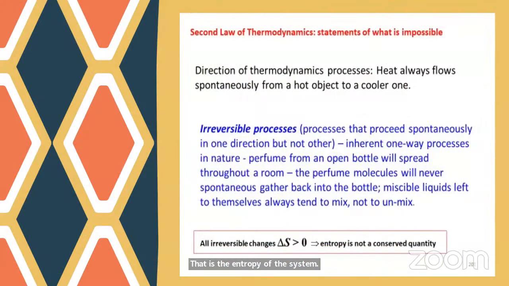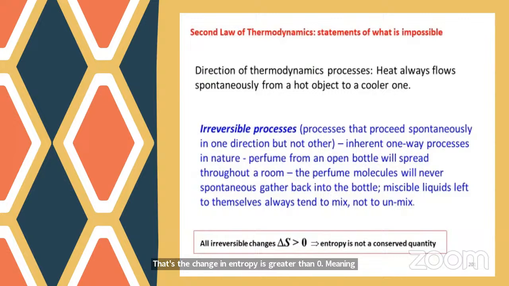Now, what we can say in another way is that for all irreversible processes, the change in entropy is greater than zero, meaning that the degree of disorderliness increases.